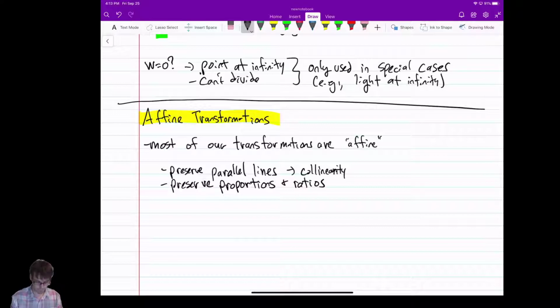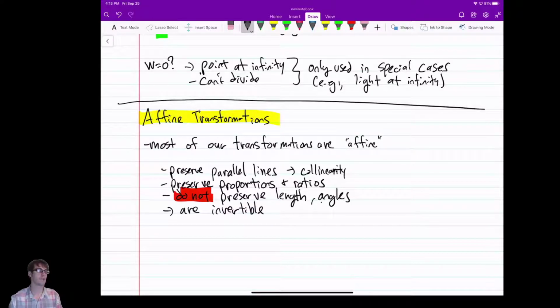Okay. However, they do not. I should probably highlight that. Let's use red. Yeah. They do not preserve length. You can make things bigger or smaller, and they do not preserve the angles. So just the ratios and the collinearity. Now, what's really nice about affine transformations is that they are invertible.